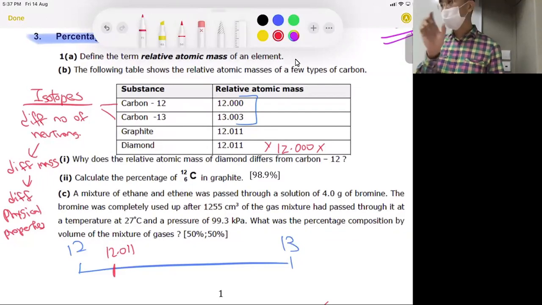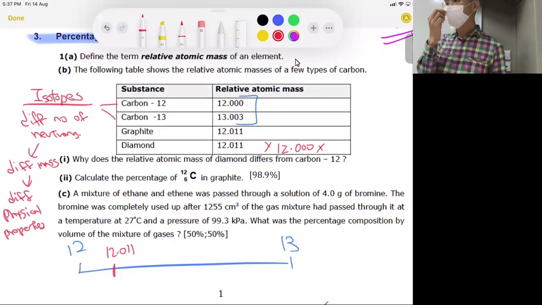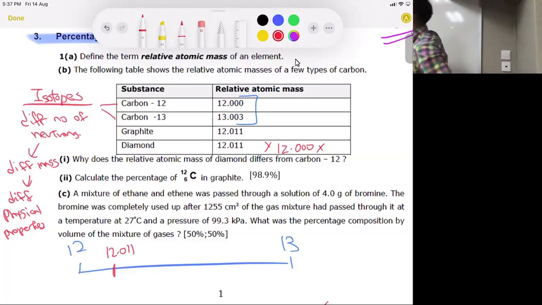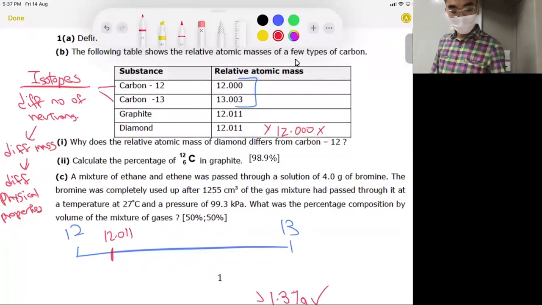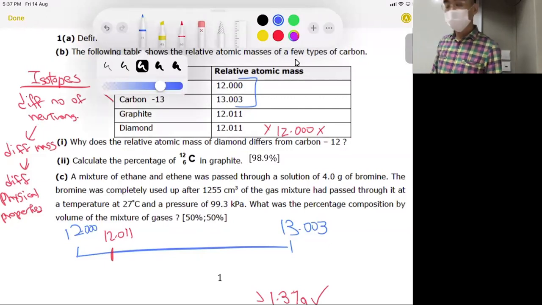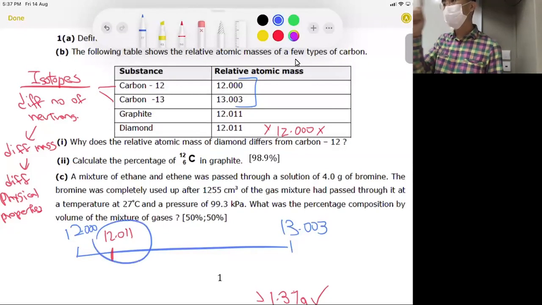That means you have a mixture of carbon-12 and carbon-13. You are supposed to infer from the question, because by right we don't know that, but we notice that these two are present. The Ar of this is 12.000, this is 13.003, and the value is 12.011. So it's closer towards 12.